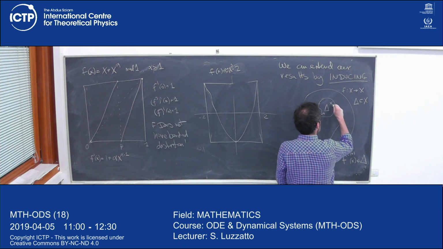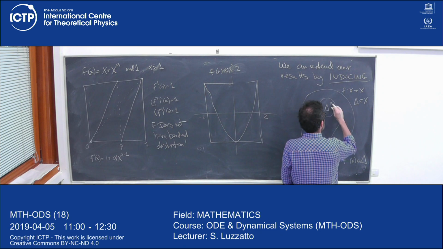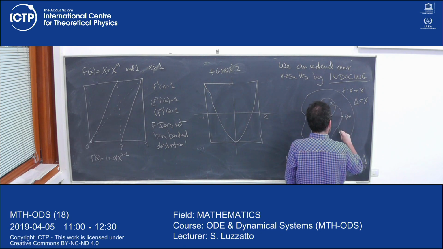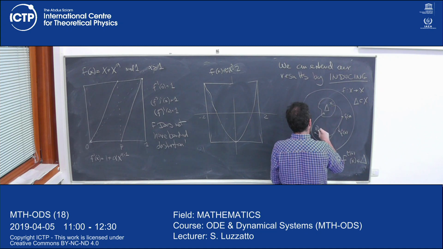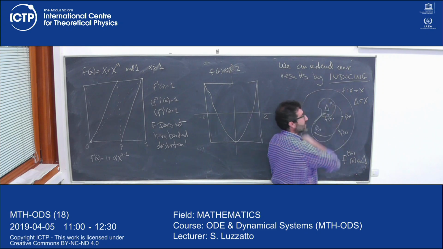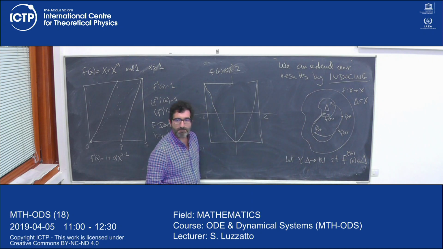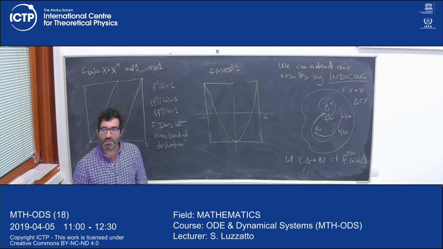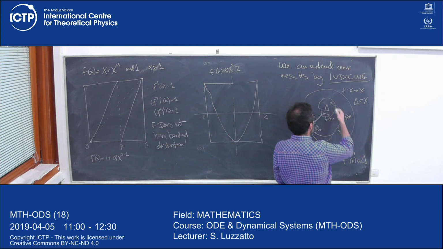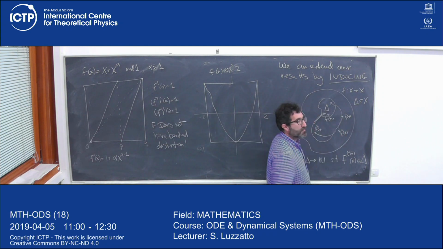So x is here, and then maybe f(x) comes here, and then maybe f^2(x) comes here, then maybe f^3(x), and at some point f^tau(x) comes back inside Delta. It's a return map. It's supposing that you find some region where all the points come back.